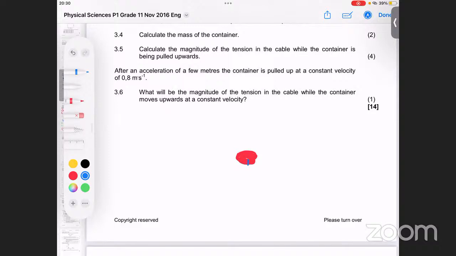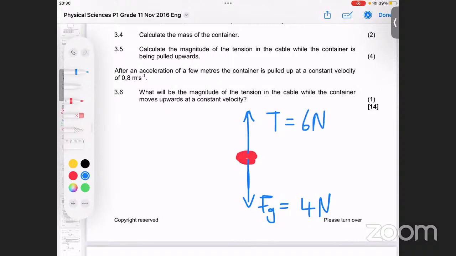I'll give you an example. It's like Fg equals 4 Newton, and then the tension equals 6 Newton.